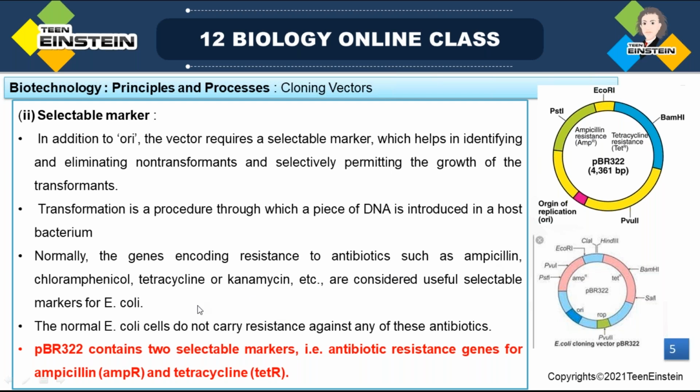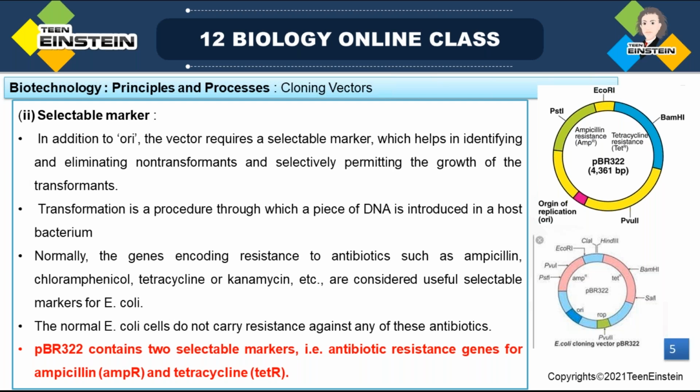So if you're introducing an antibiotic resistant gene into an E. coli cell, that gene starts coding for the protein which makes resistance against the antibiotic.